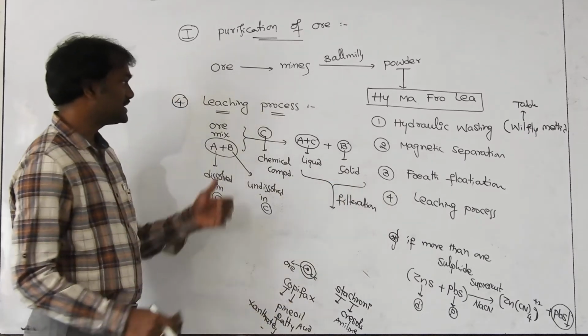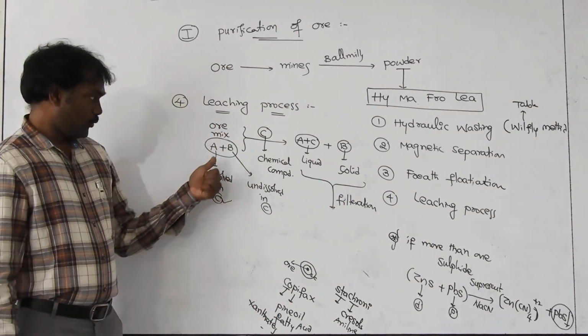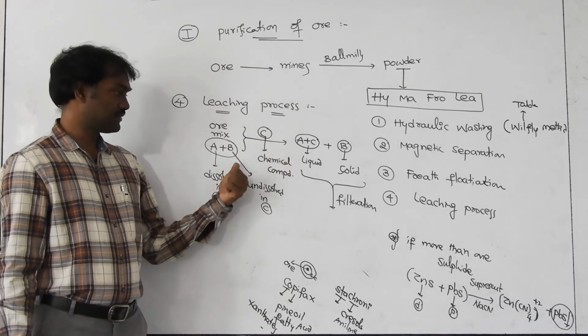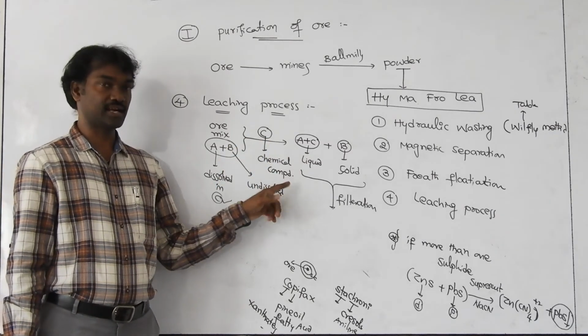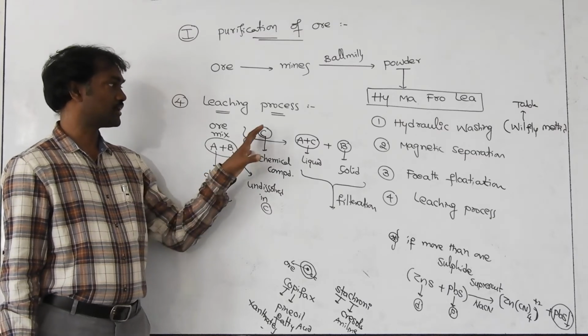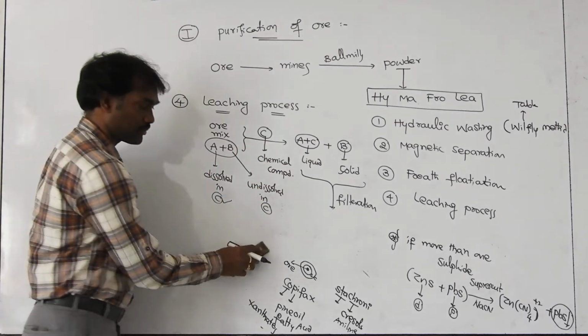So what does the leaching process mean? One compound is dissolved in one suitable chemical, another one is not dissolved in that. Such types of ore and impurity mixtures are used in the leaching process.